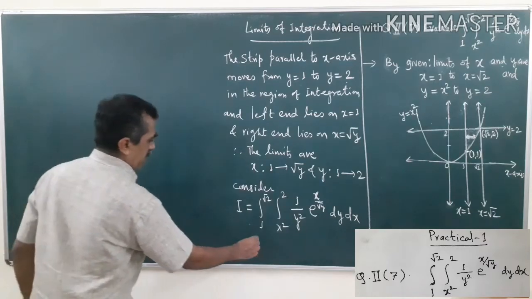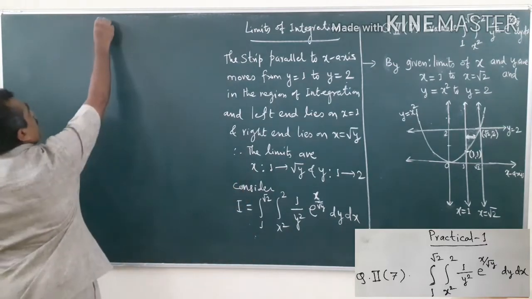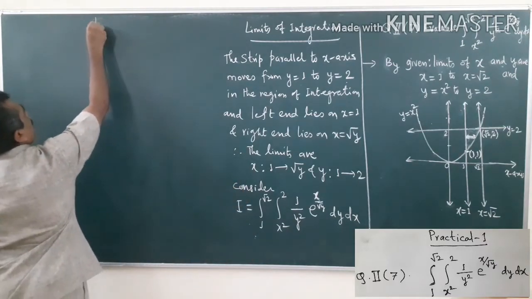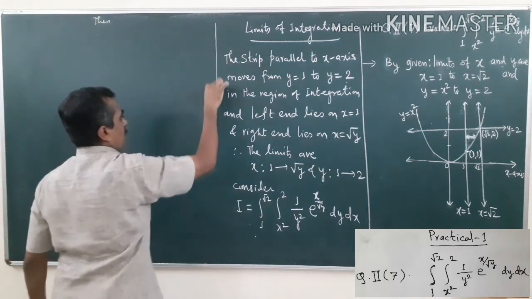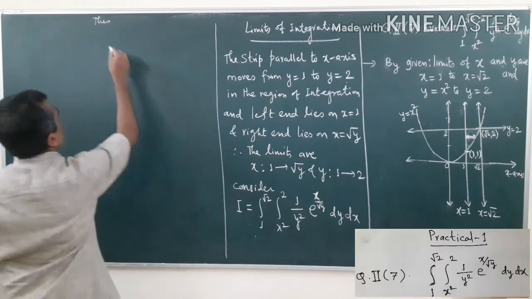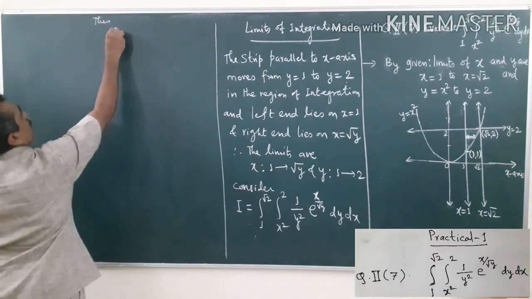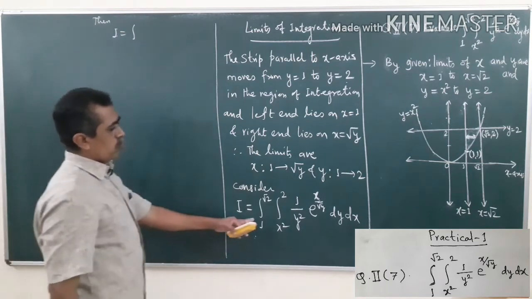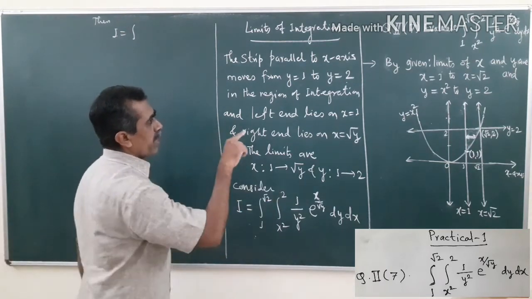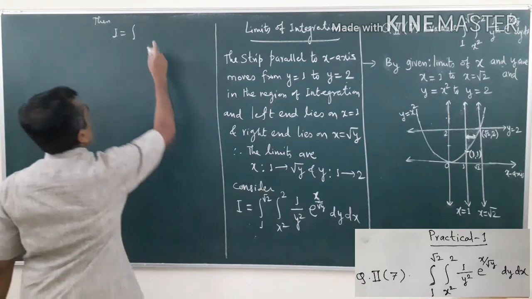Therefore, now this can be written as I is equal to the integral. Now, we will change the limits, and we want to make it first with respect to x.